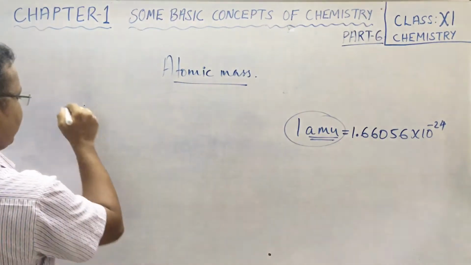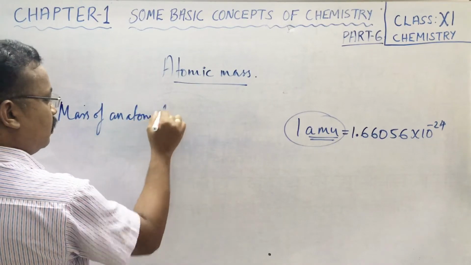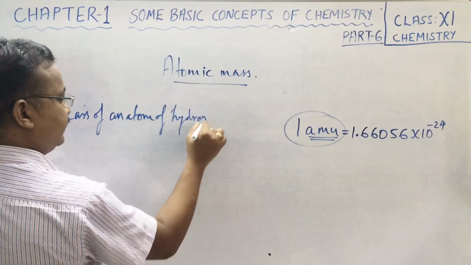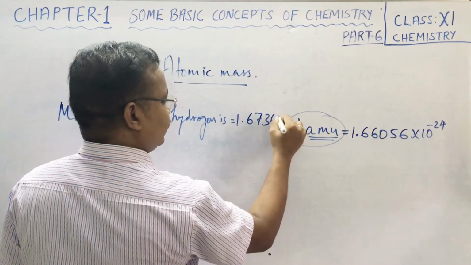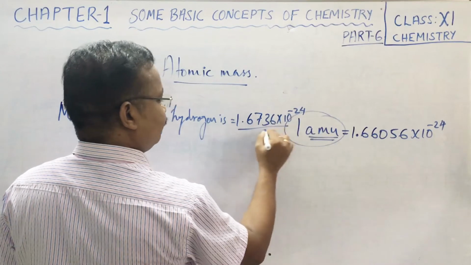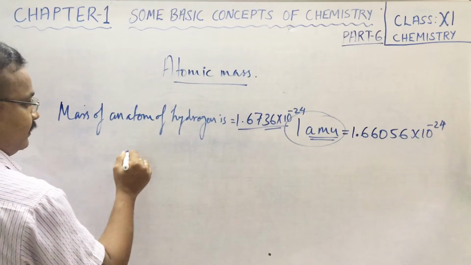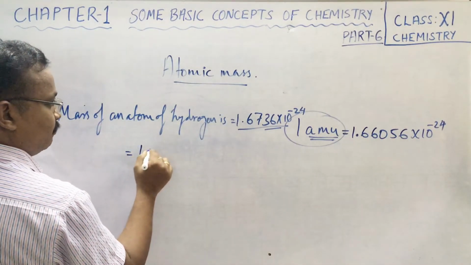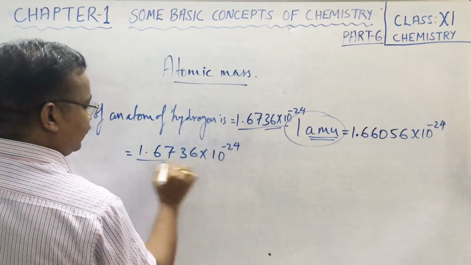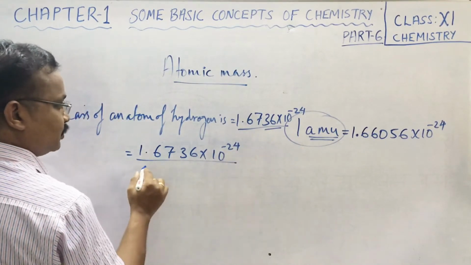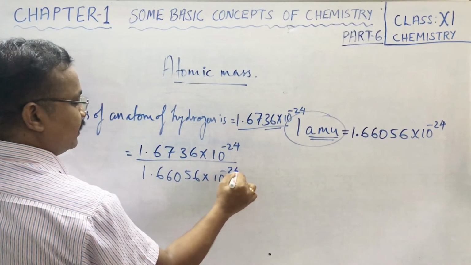Children, the mass of an atom of hydrogen is 1.6736 into 10 raised to minus 24 gram. If we relate it to 1 AMU, we get the mass of hydrogen as 1.6736 into 10 raised to minus 24 divided by 1.66056 into 10 raised to minus 24.